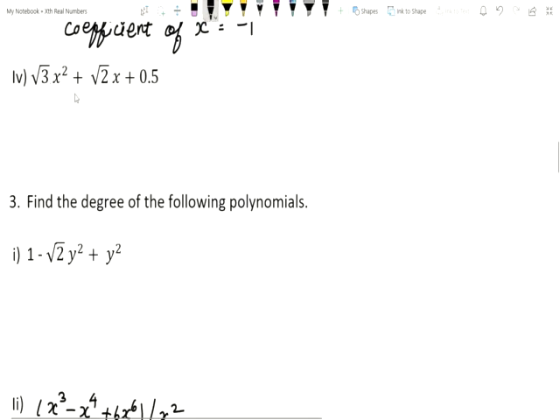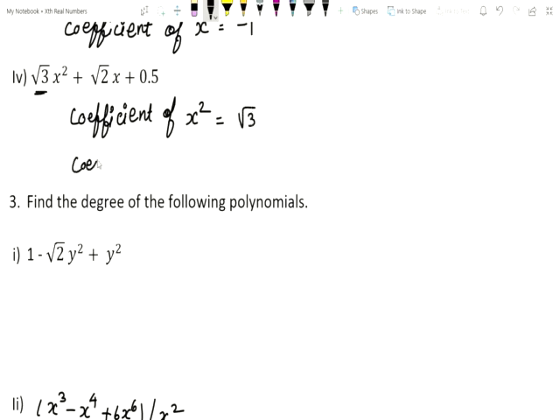Root 3 x square plus root 2 x plus 0.5. We need to write the coefficient of x square. Coefficient of x square equal to, see here, what number is that? Root 3.